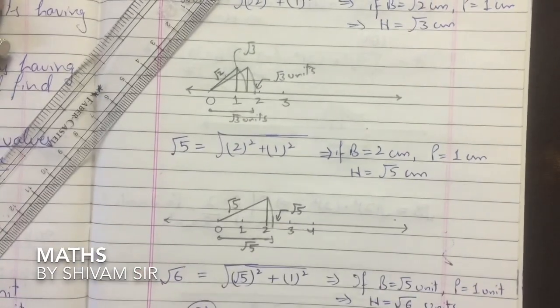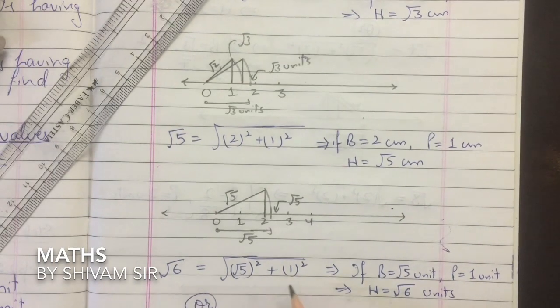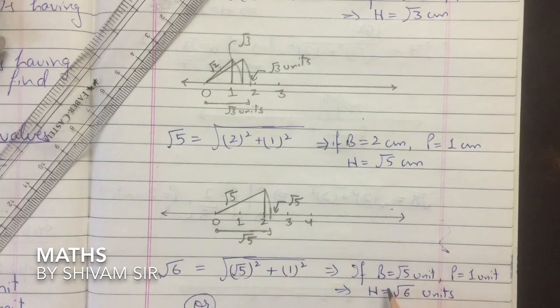So root 6 can be written as square root of root 5 square plus 1 square. Root 5 square is 5 and 1 is 1 itself. So 5 plus 1 is root 6. So if we take base as root 5 units and perpendicular is 1 unit, so hypotenuse will be of root 6 units.